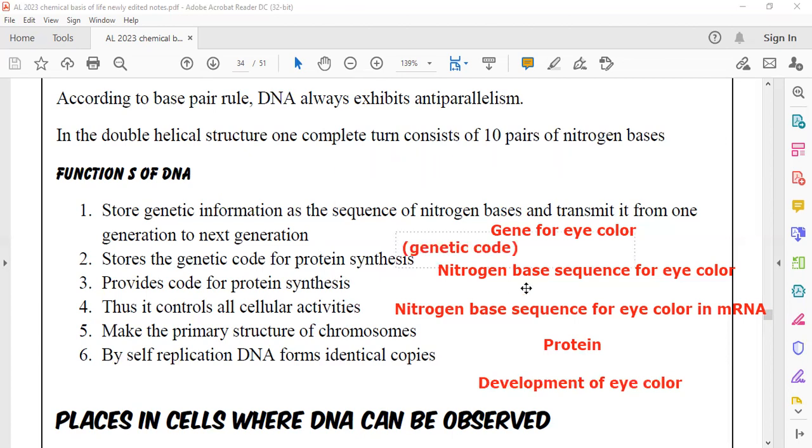It provides the nitrogen base sequence needed to make the protein. Are you clear? Good. You can mark this one down and keep.